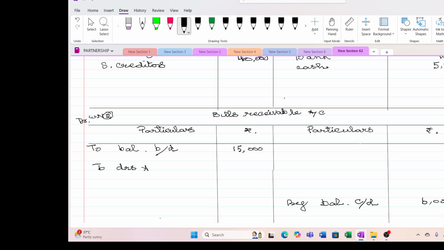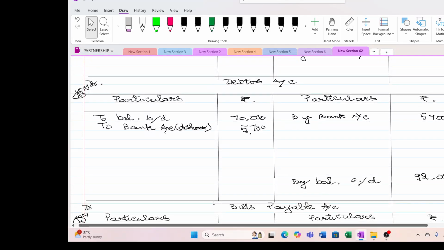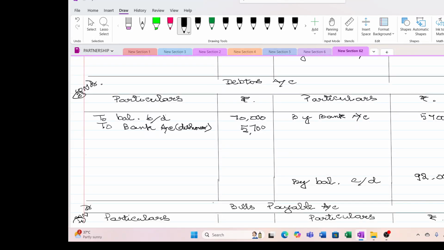I am writing it in short for 40,000. Automatically, this is the bill received during the year, so this will be transferred to debtor account. Here you have debited in the debtor account. Automatically, this will go to the credit side. By bill receivable received 40,000.